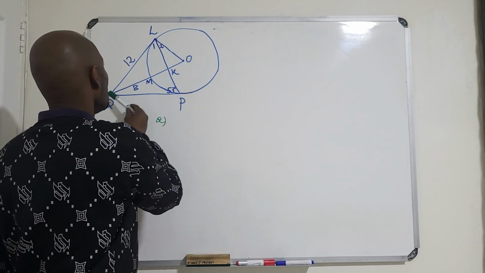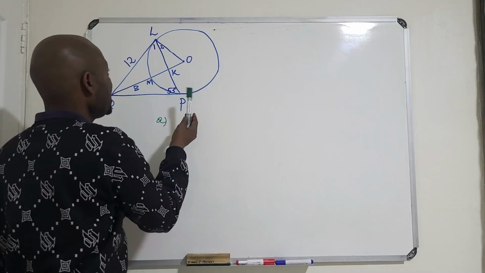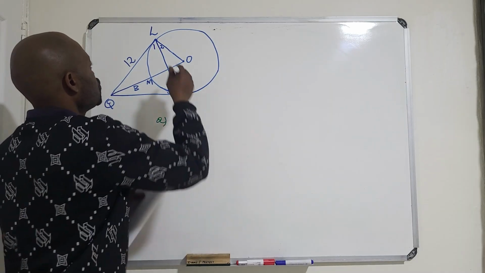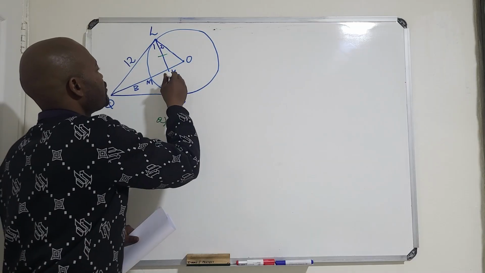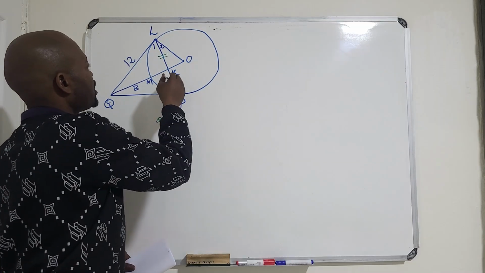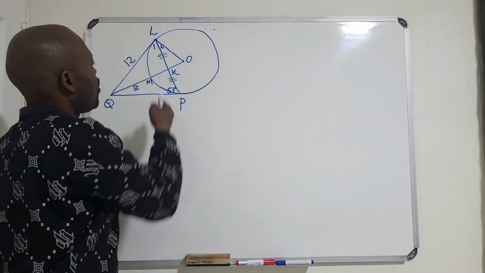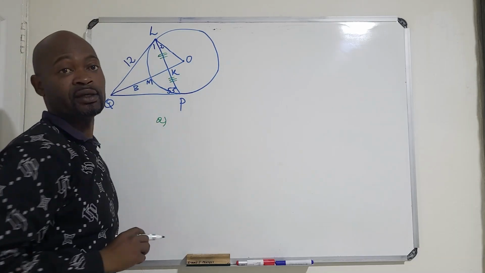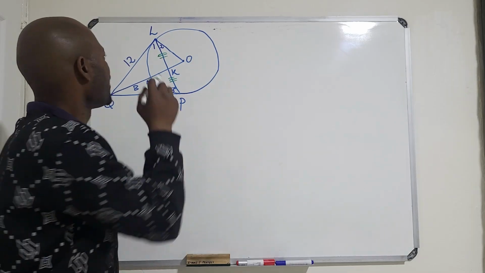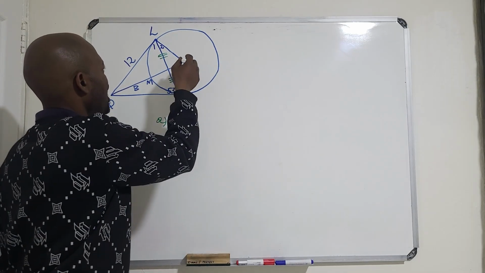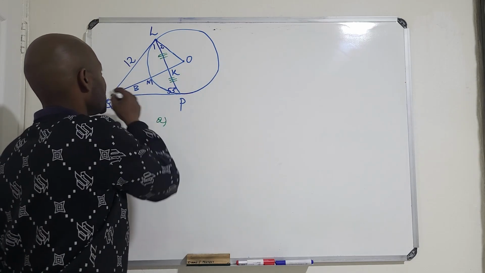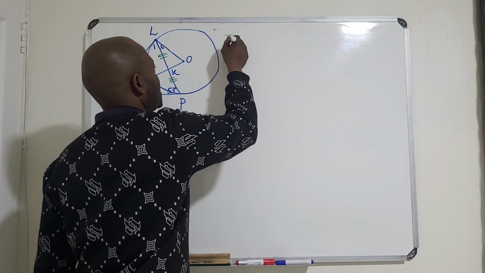Therefore, OQ divides LP into two equal halves. Therefore, we can see that LK is equal to KP. Now, there is theorem number 1, because there is a line from the center to the midpoint, because it bisects LP, this line. Therefore, theorem number 1 is there.